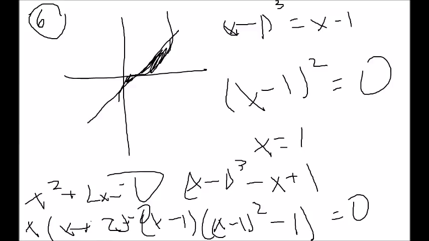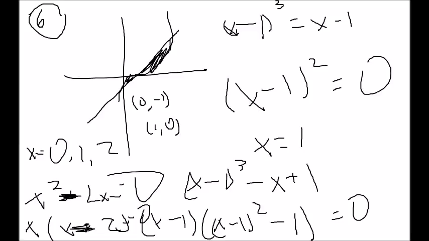Oh yeah. So that means they intersect at x equals 0, x equals 1, and x equals 2. All right, so after all this work, we find that they intersect at 0, and then plug back in: 0, negative 1, 1, 0, and 2, 1.